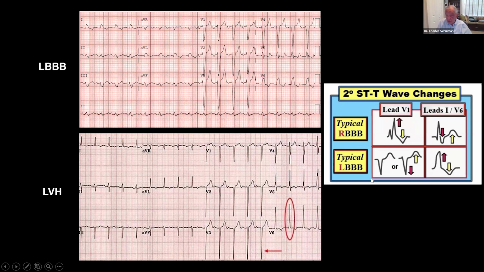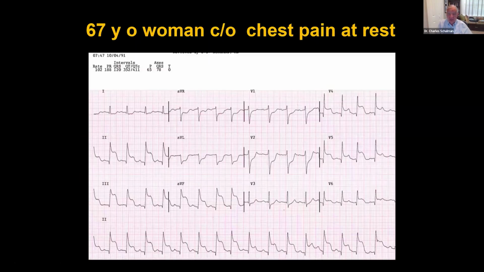In typical left bundle, the major deflection is a large S wave. It's negative, therefore ST and T wave are upright, as shown here. The same would be true for left ventricular hypertrophy, as noted here. So those are secondary changes, not primary changes. And they, of course, are part of the underlying process rather than a new process like ischemia.